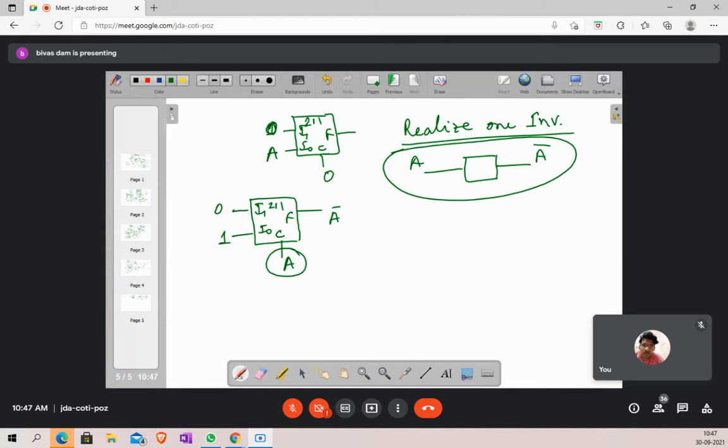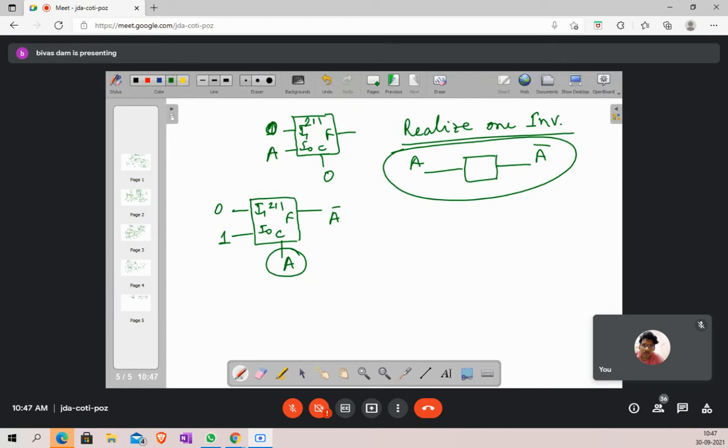Now, if A is 0, what happens by the multiplexer operation? C becomes 0, and then I0 gets connected to the output.